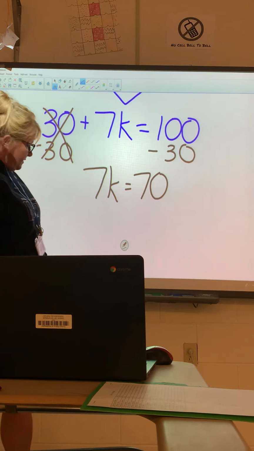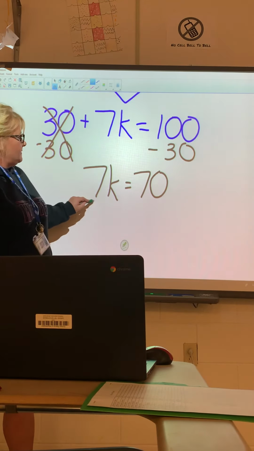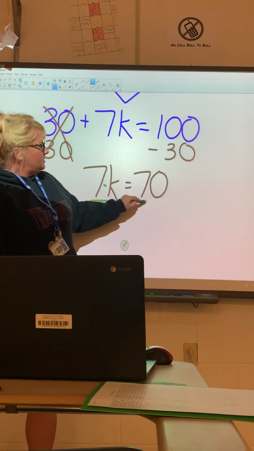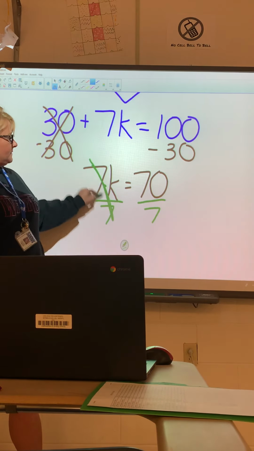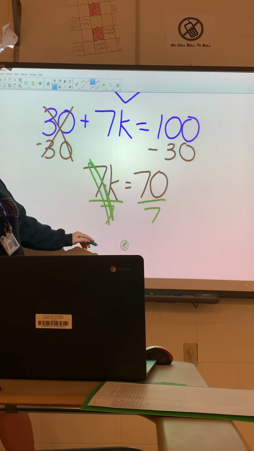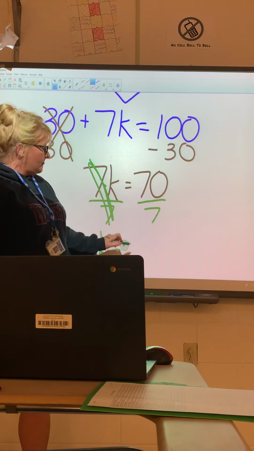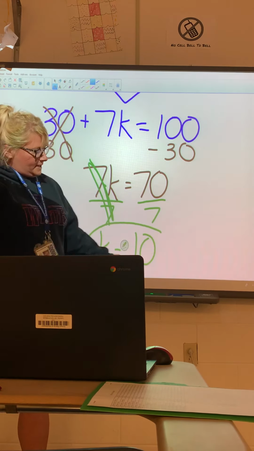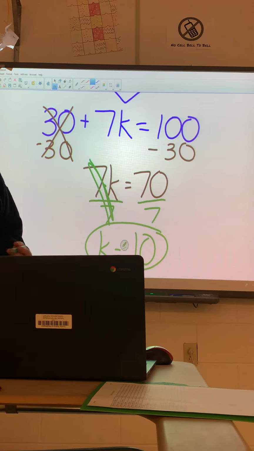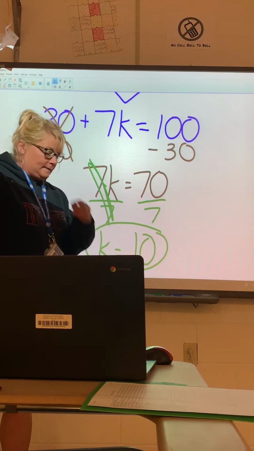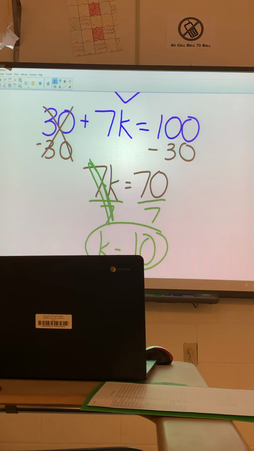And this should also look familiar. We do the inverse. This was multiplying, so we're going to divide by 7. Making the 7 divided by 7 go away, leaving us with 1K equals 10. So we're not adding a whole lot to what we've been doing. Just a little bit. All we had to do was combine the like terms first.